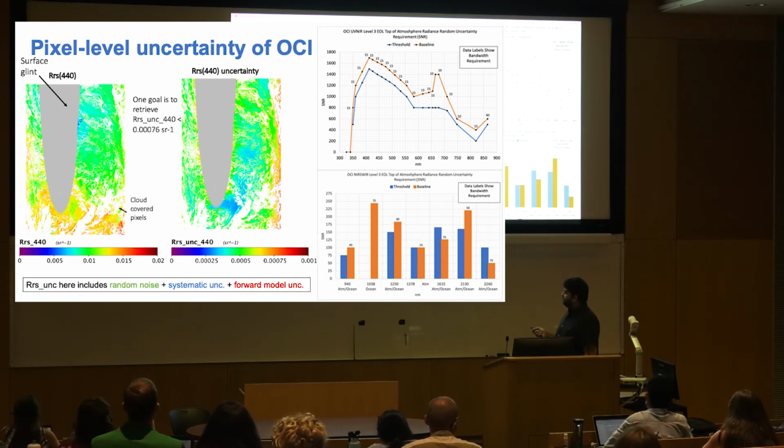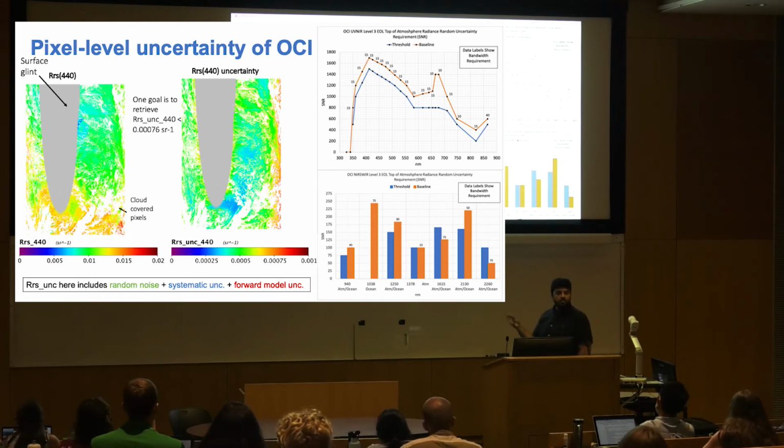The way we used this uncertainty model is that we took the current best estimate of the signal-to-noise ratio for the visible and near-infrared bands, which encapsulates the random noise, as well as the pre-launch systematic uncertainty estimates from lab measurements or from models, as well as some assumptions about the forward model uncertainty, simplifications in radiative transfer, and so on.